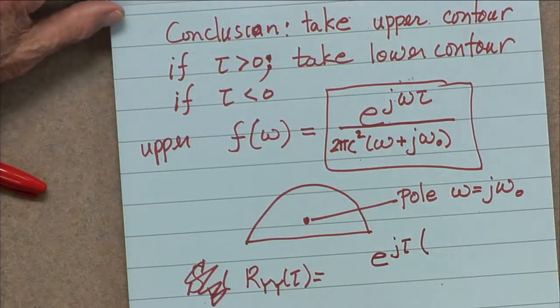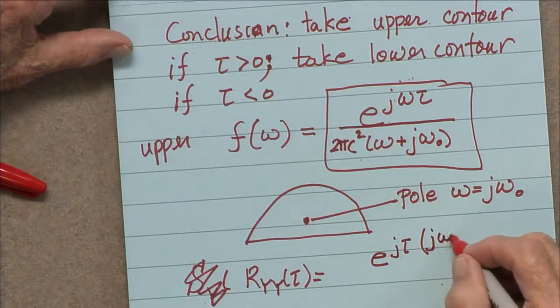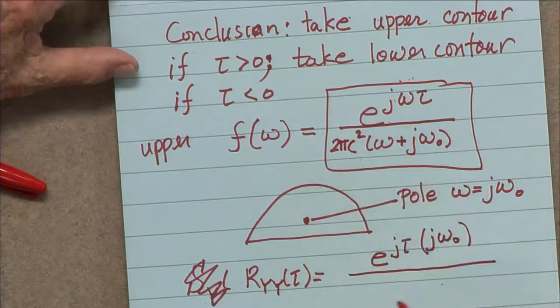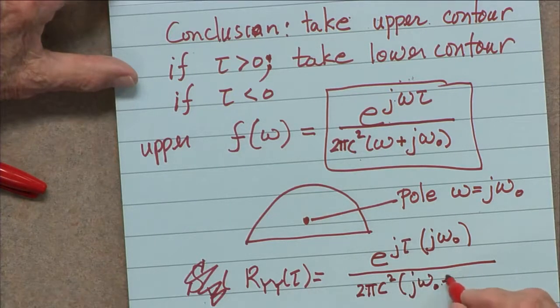J omega 0, divided by 2 pi c squared times j omega 0 plus j omega 0.